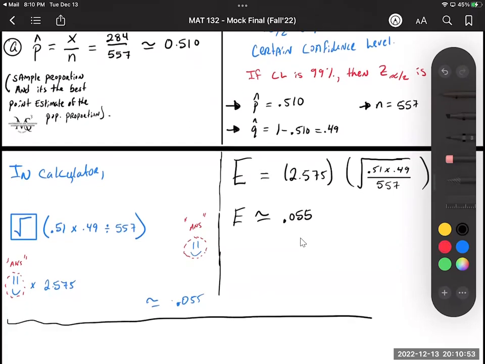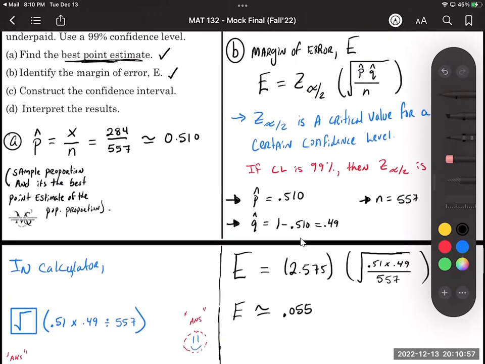Okay, so we did part B. We got the value of E. Now we just got to construct the confidence interval.